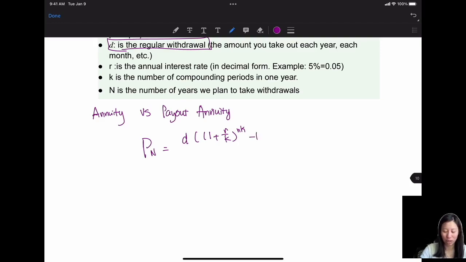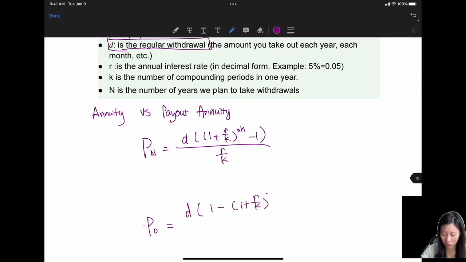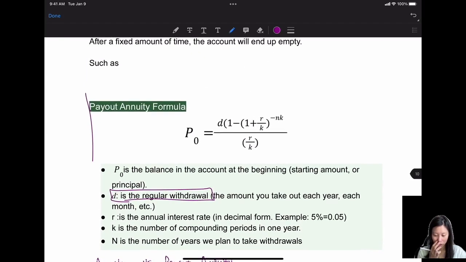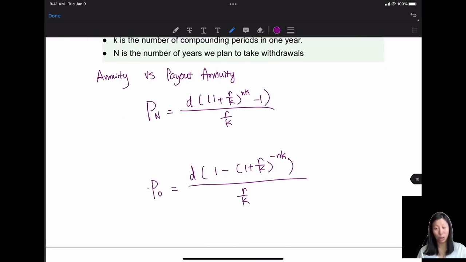And then minus 1 over R over K. That's annuity. So for payout annuity, on the left side of the formula should be P sub 0, your starting amount. And then D times 1 minus (1 plus R over K) to the negative N times K over R over K. Did I get this one right? Yes, I did. I hope you did that too.